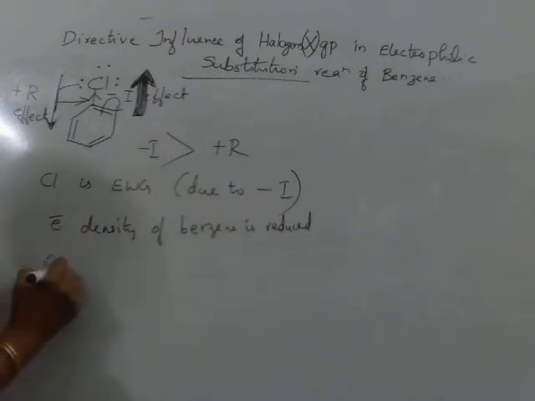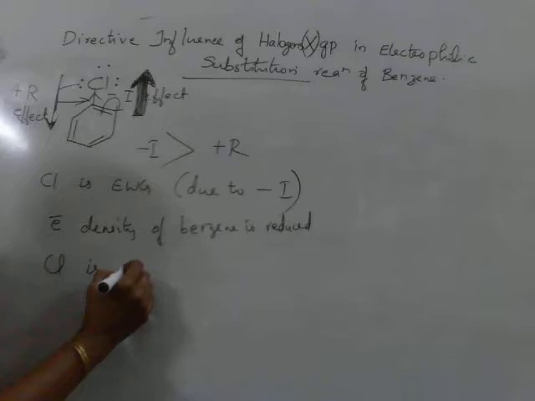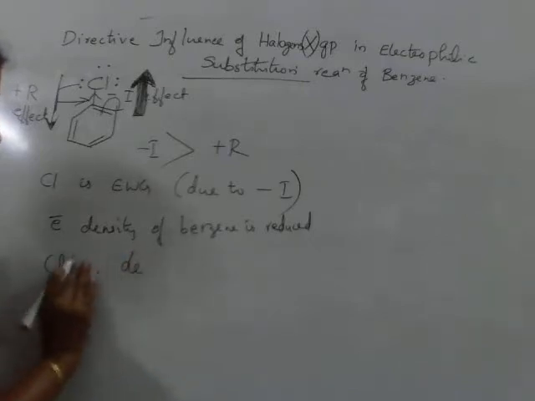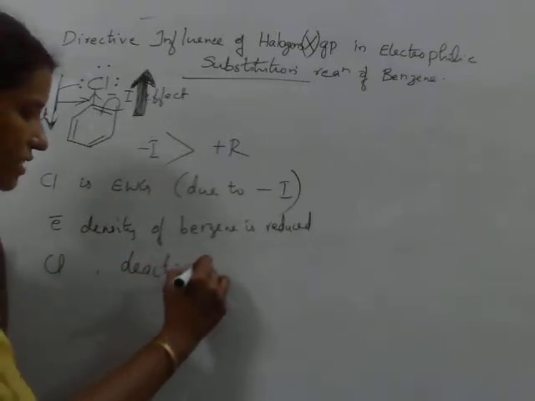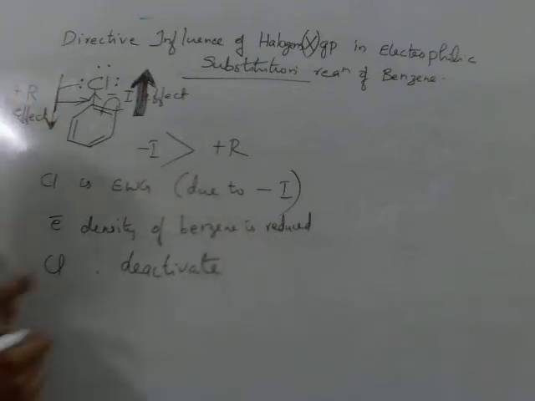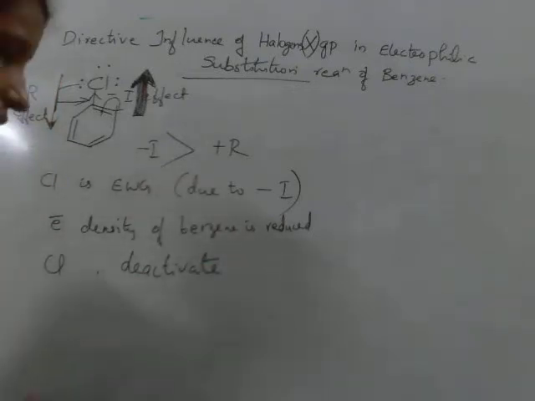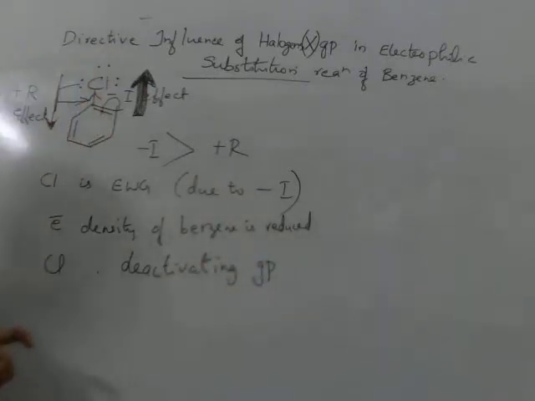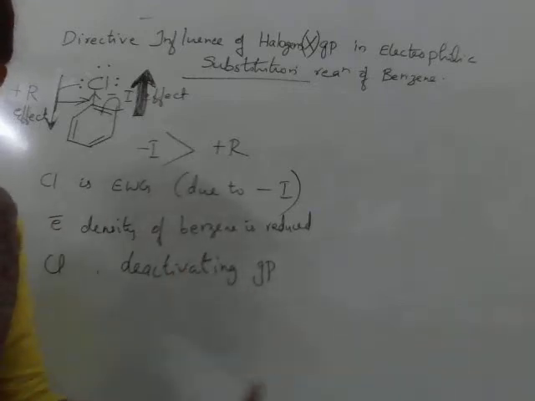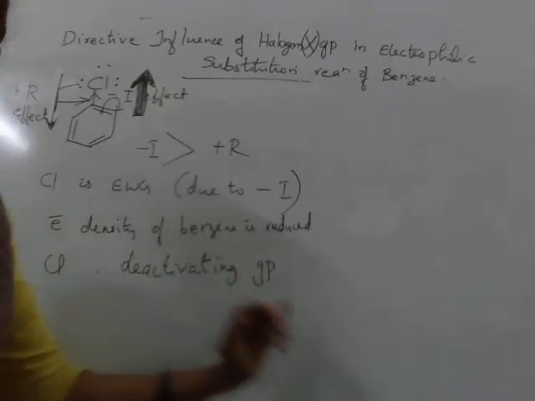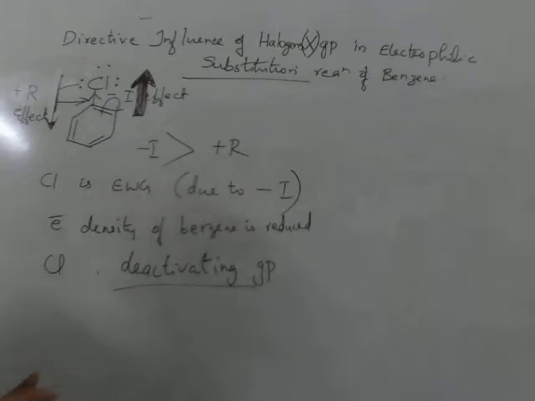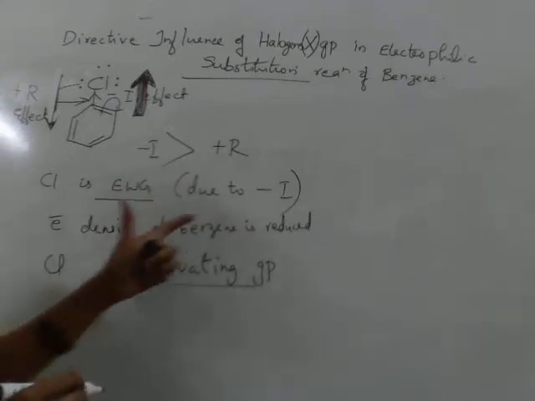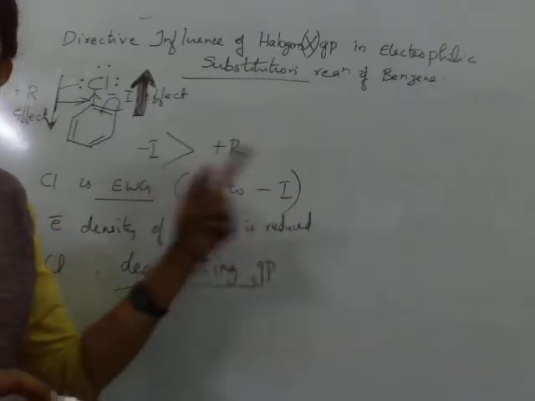Or we can say chlorine is deactivating, or chlorine deactivates the benzene ring towards the attack of electrophile. So this is a deactivating group. If chlorine is present in the benzene ring, electrophilic attack is difficult. Or we say chlorine is a deactivating group due to its electron withdrawing nature, which is due to stronger negative inductive effect.